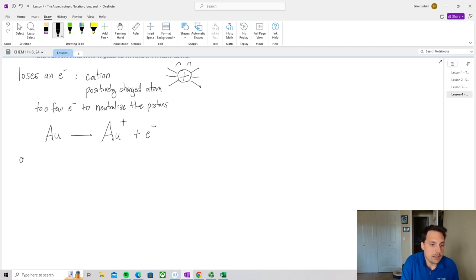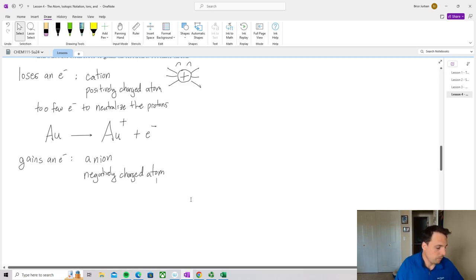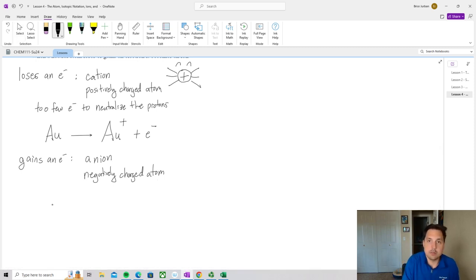All right, when an atom gains an electron, it becomes an anion. This is a negatively charged atom. All right, so an example of this could be any halogen, like chlorine.